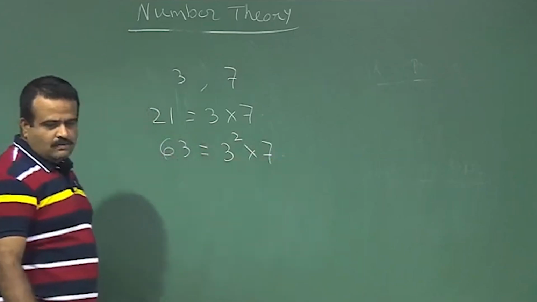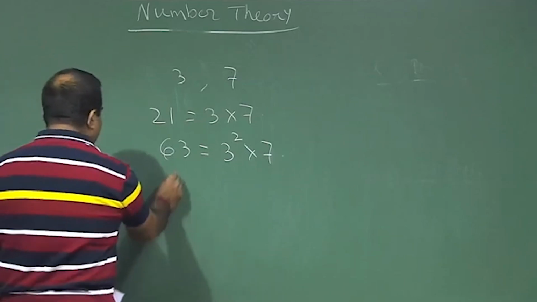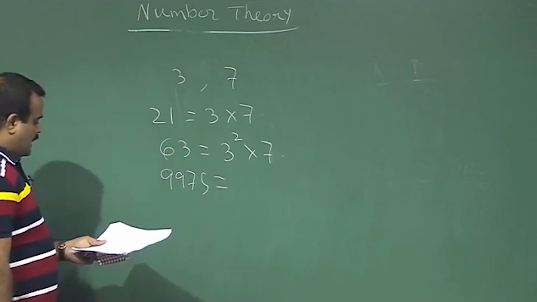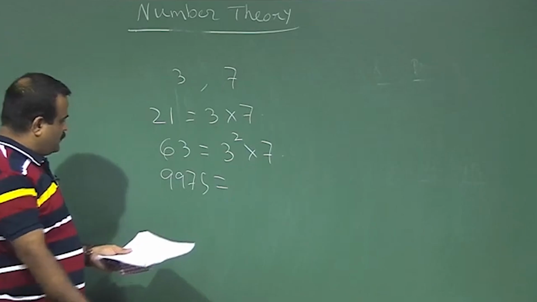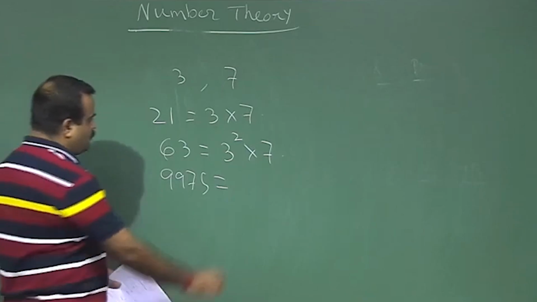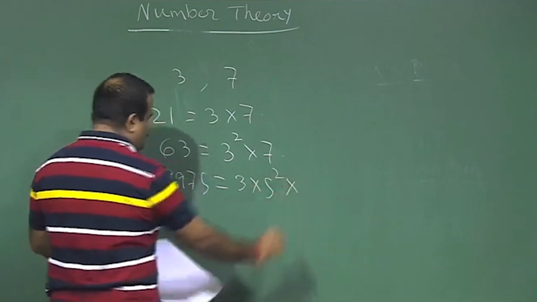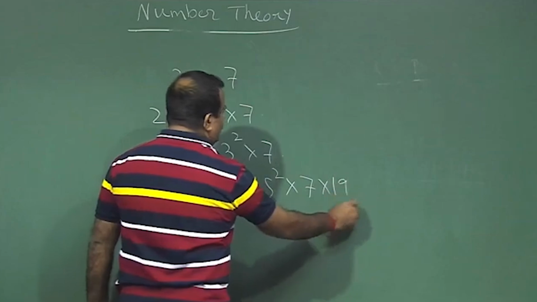Now, for example, if we have 9975, any positive integer is either a prime or it can be written as a product of primes. This can be written, as we can easily verify, as 5 square into 7 into 19.